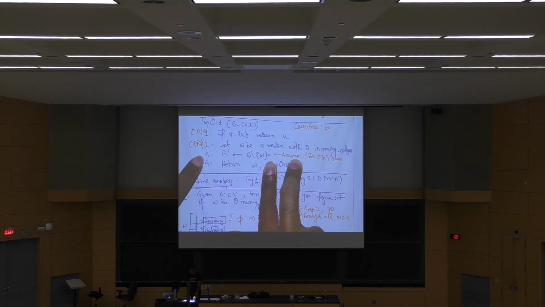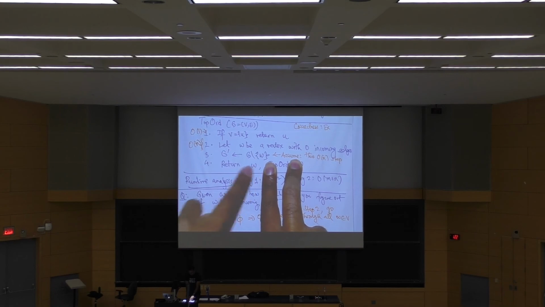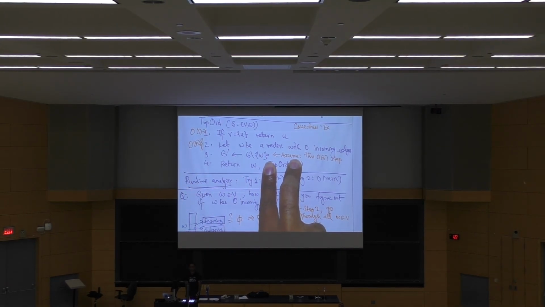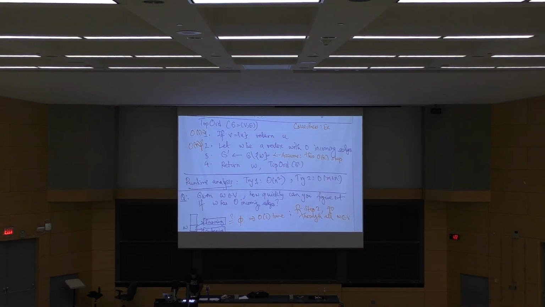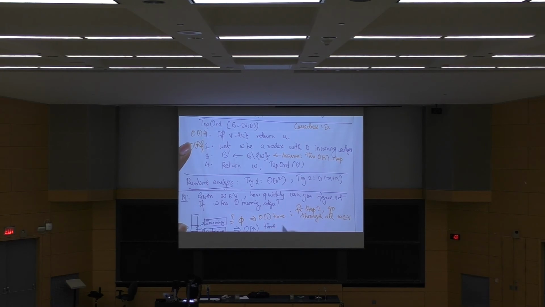We have assumed that you spend O of n time in step 3, and returning is constant. So what we have over here is O of n time for each recursive call.